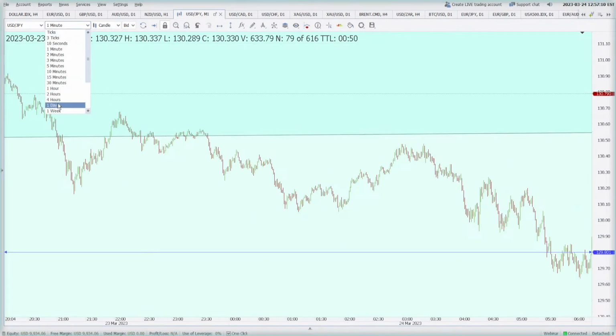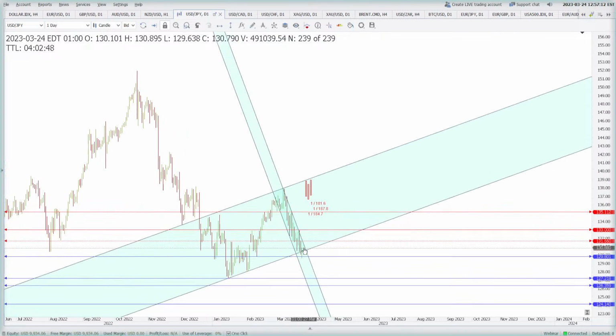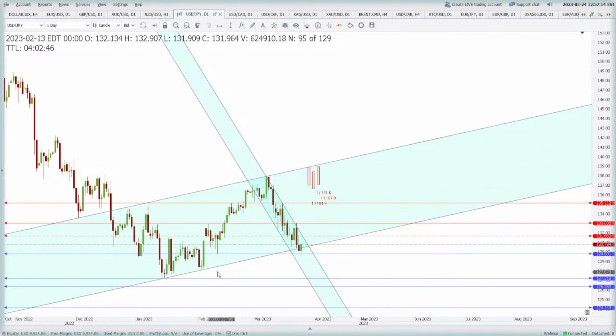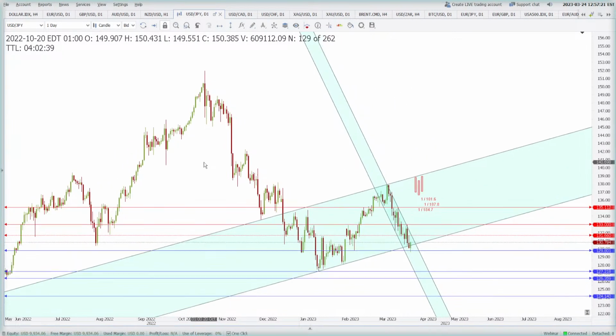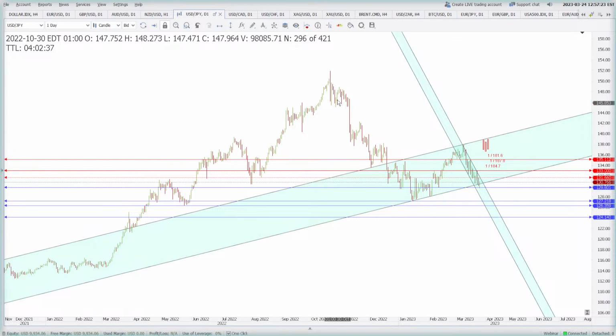If you go to the daily now, you will see this is the swing high, swing low, swing high, swing low. But now there is an ultimate swing high. When you zoom out, you see that this is the most prominent swing high, this is the most prominent swing low. Most of the time these swing highs and lows are your swing highs and lows of the weekly and the monthly candles.